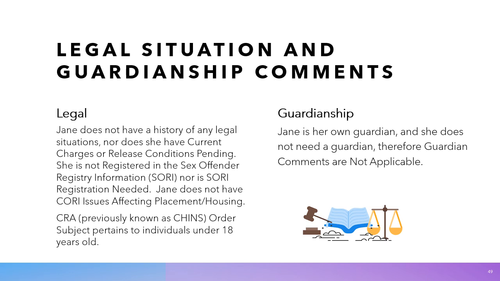Jane does not have CORI issues affecting placement housing. CRA is previously known as CHINS. The CRA order subject pertains to individuals under 18 years old. Guardianship. Jane is her own guardian and she does not need a guardian. Therefore, guardian comments are not applicable.